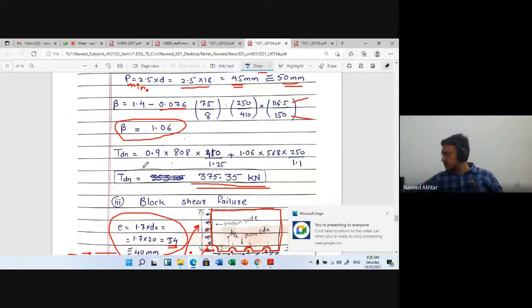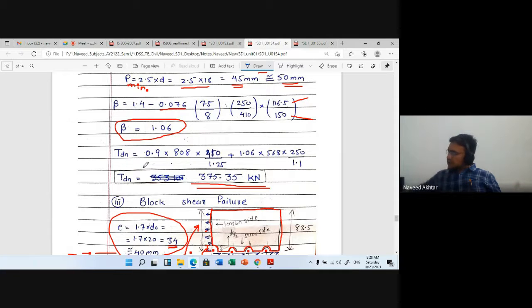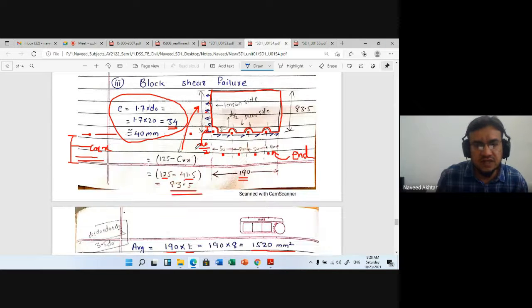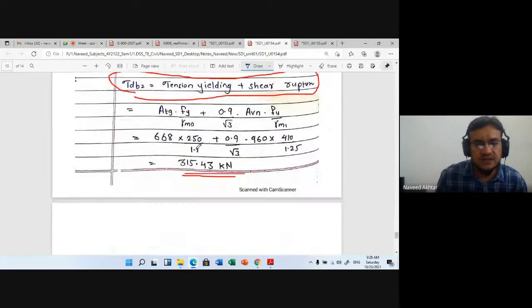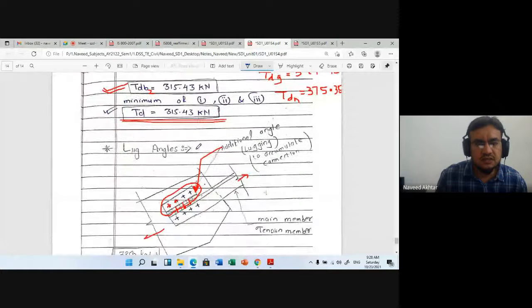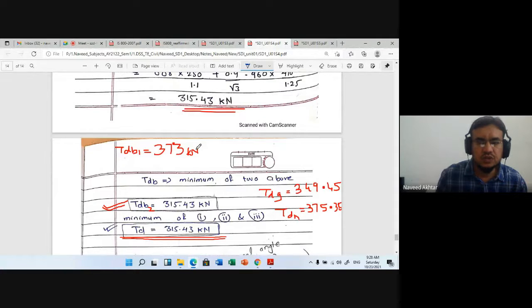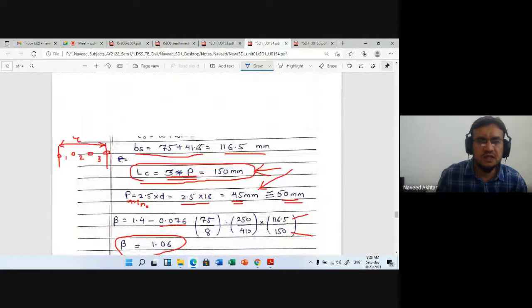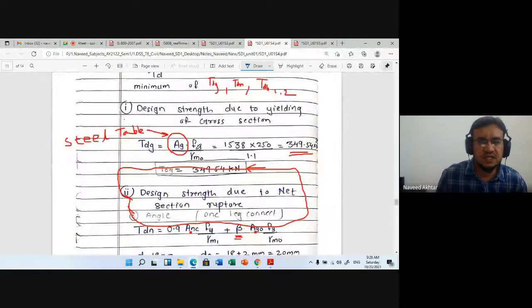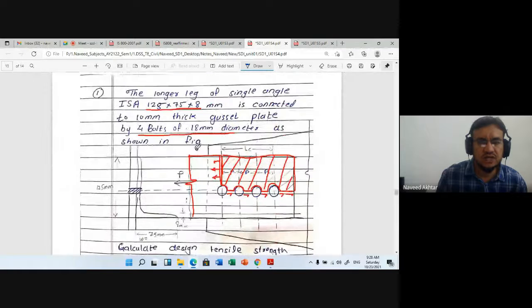So I will repeat the steps of how you can design a tension member. We will select one example so that you can easily see how to find it. I have already explained how to design a tension member, but this example we will see once again step by step so that you can understand.